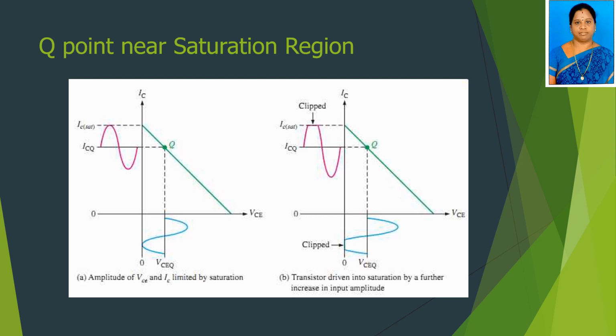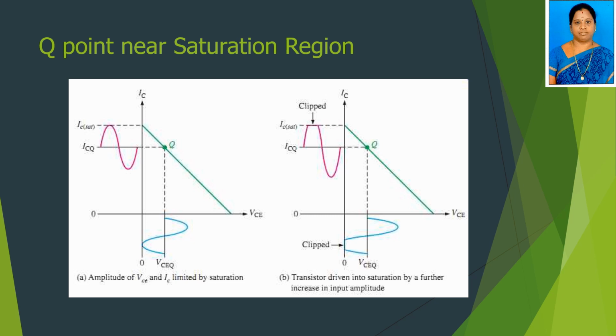So if you are choosing the Q point very close to saturation, what happens? See here, if you fix the Q point very close to saturation, a portion of the positive cycle is clipped off. Similarly, the negative portion of the VCE voltage is clipped off. So due to that, we will lose some part of the information.